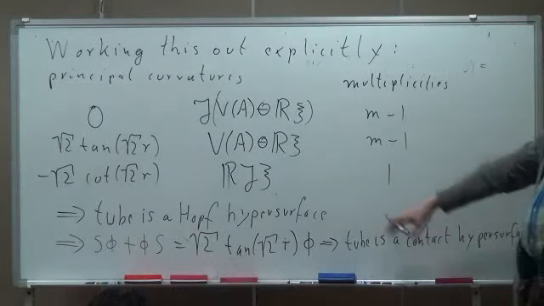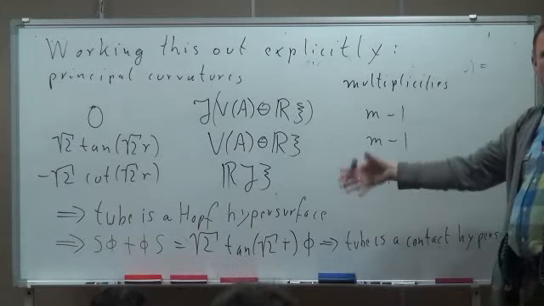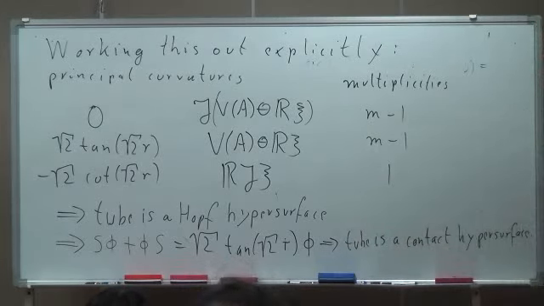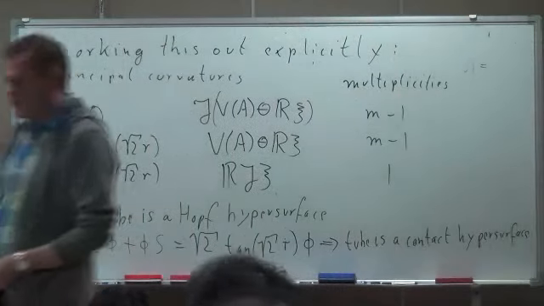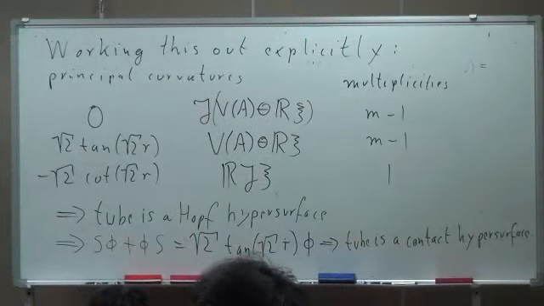So we already get some geometric information for these tubes by working out the principal curvatures, the principal curvature spaces, using the standard methodology. Yeah. So, any questions about this?